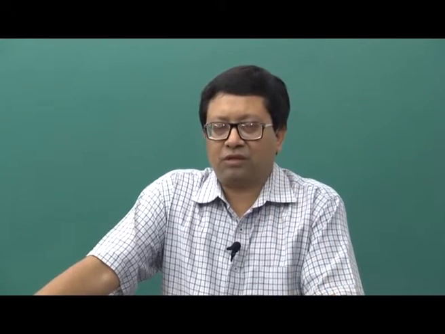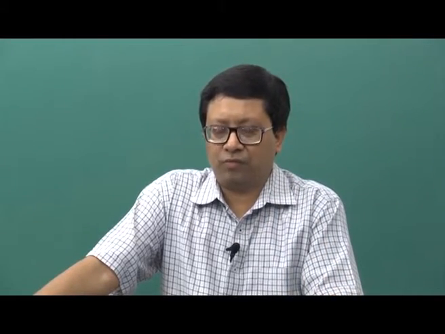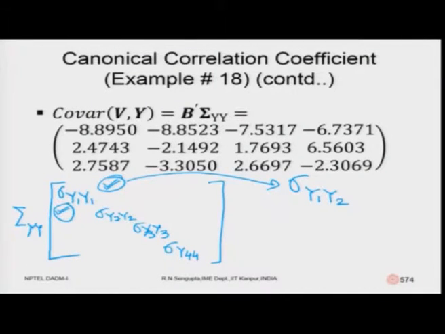So, x was 3 by 3, y was 4 by 4, the values being minus 8.8. I am going to read only the first decimal places: minus 8.8, minus 8.8, minus 7.5, minus 6.7 and so on and so forth for the second row and the third row.